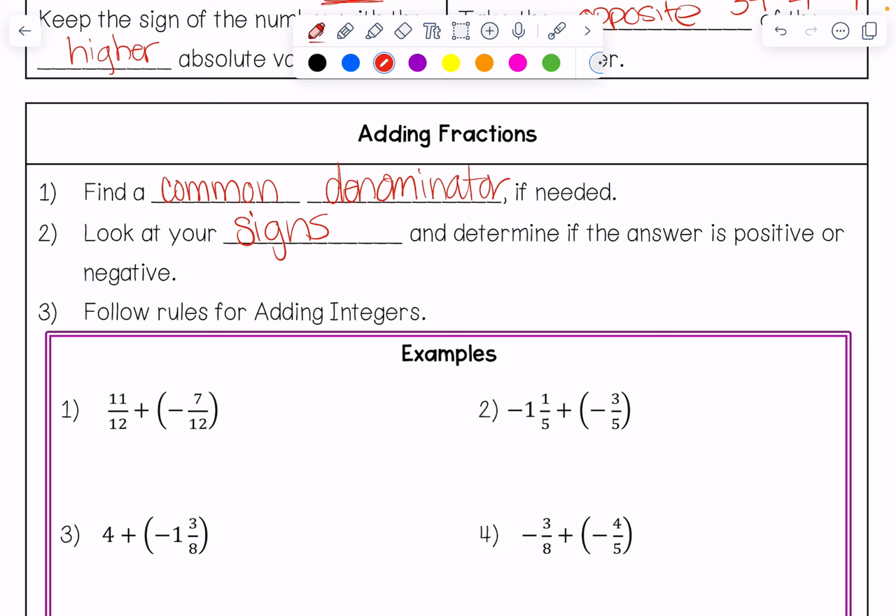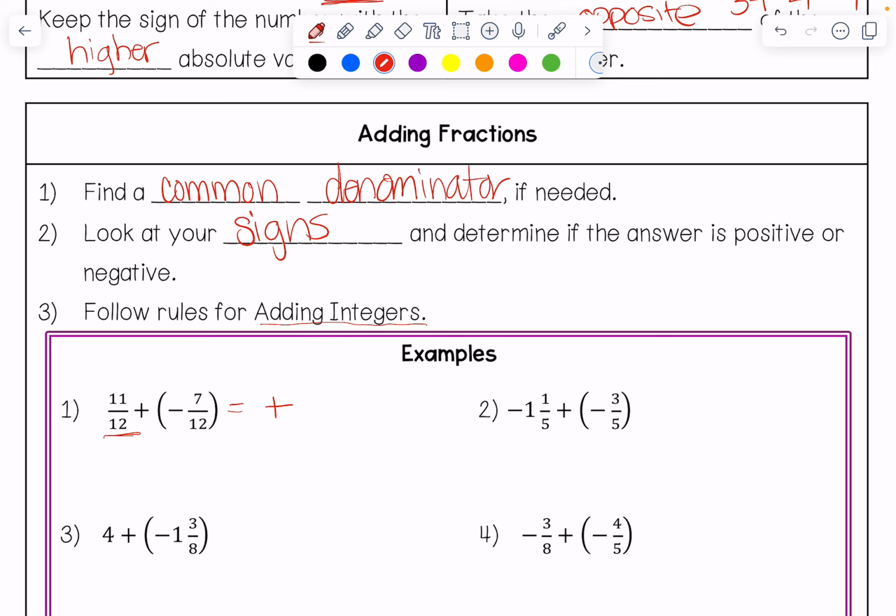Once you have that common denominator, you should be able to tell which number has the higher absolute value. So 11/12 plus -7/12. Here we already have the common denominator. And then I'm going to follow my rules for adding integers. When I look at my signs, my 11/12 has the higher absolute value, so that tells me my answer will be positive.